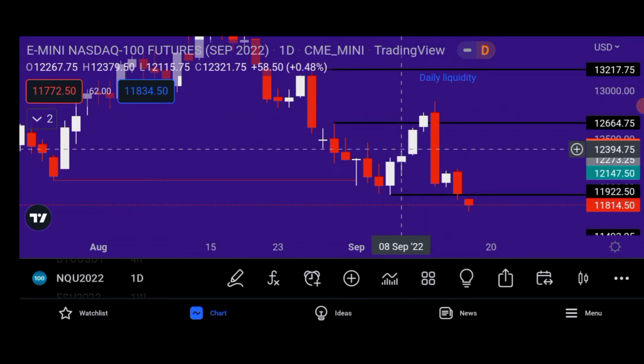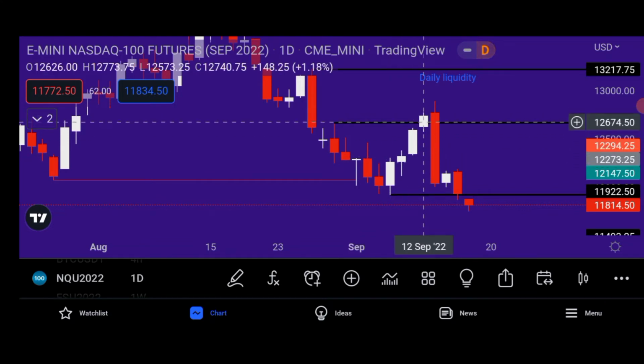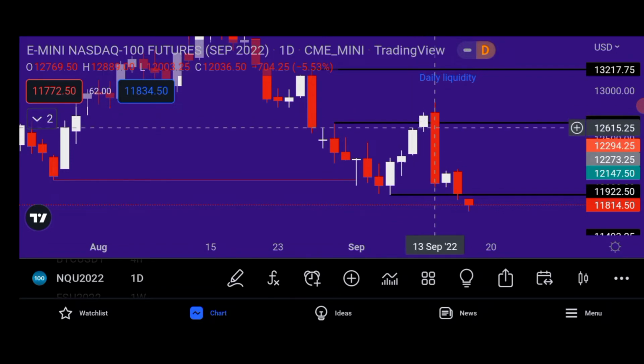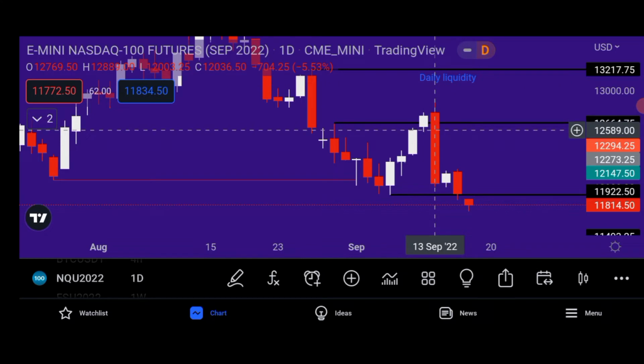I expected that when it got to this high, I would be looking for a reversal. This was on Monday, Tuesday. I expected a reversal, but on Tuesday CPI news was released. On Tuesday the 13th of September it was released, and the move to the downside was really fast, so there was no room for entry in any form.